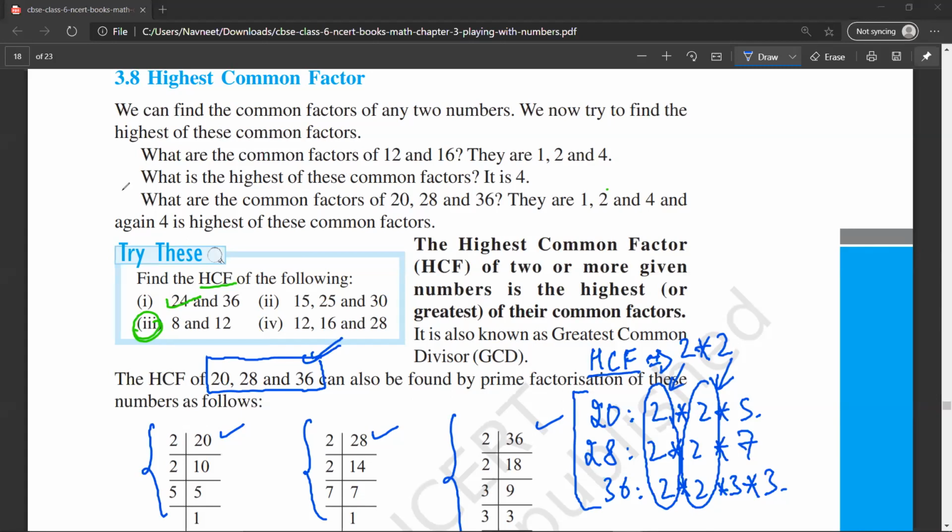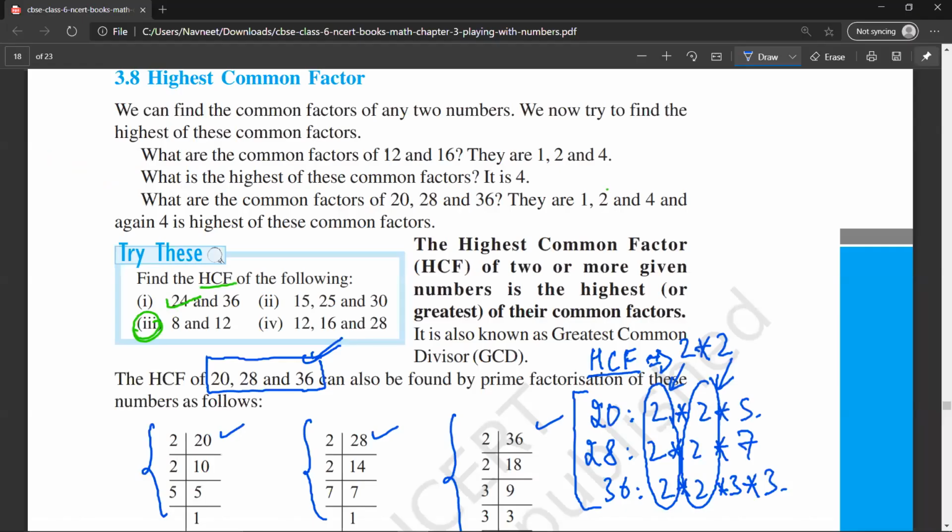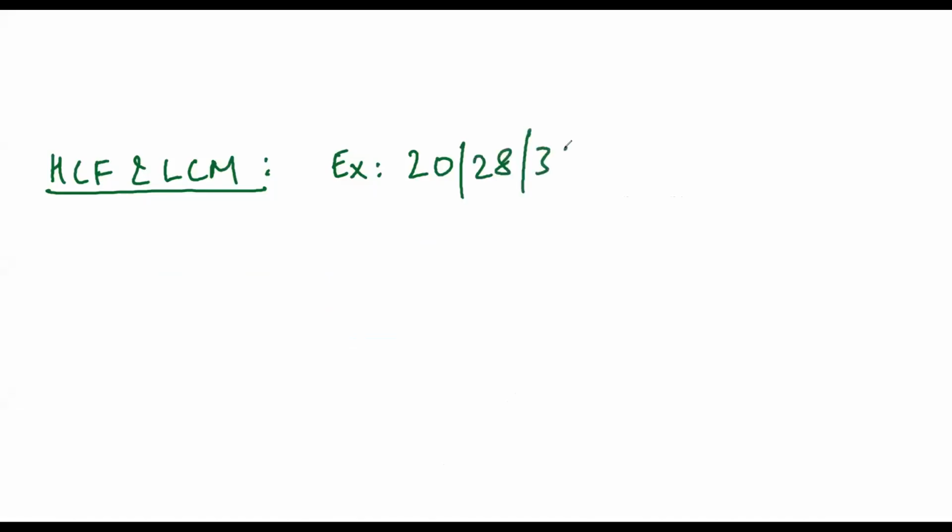Let us try to understand the confusion between HCF and LCM with the help of this example.